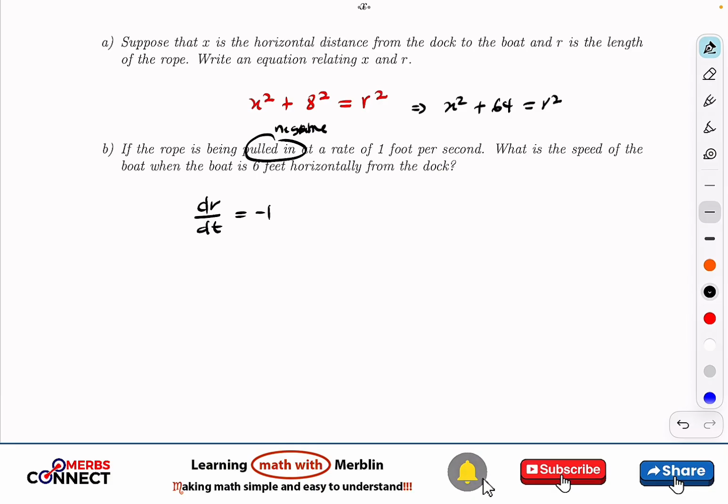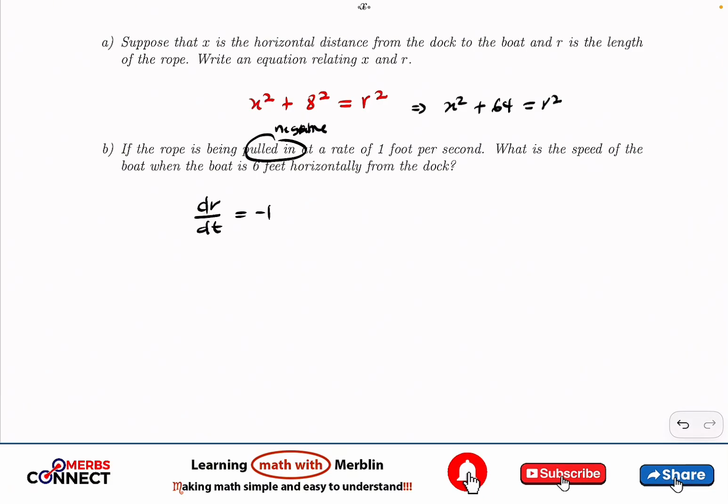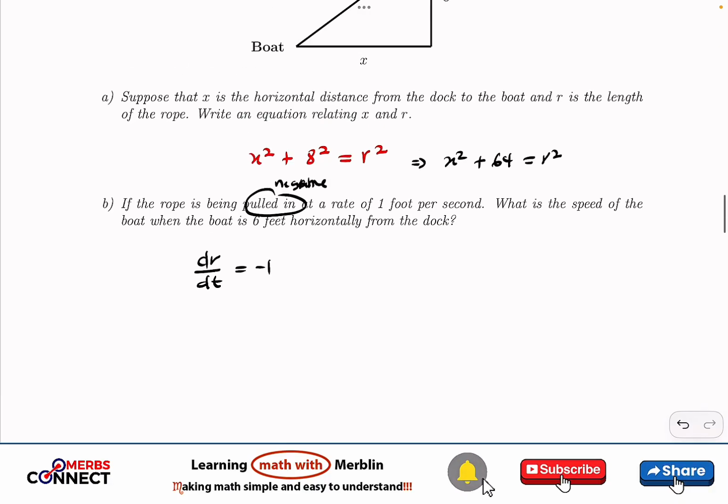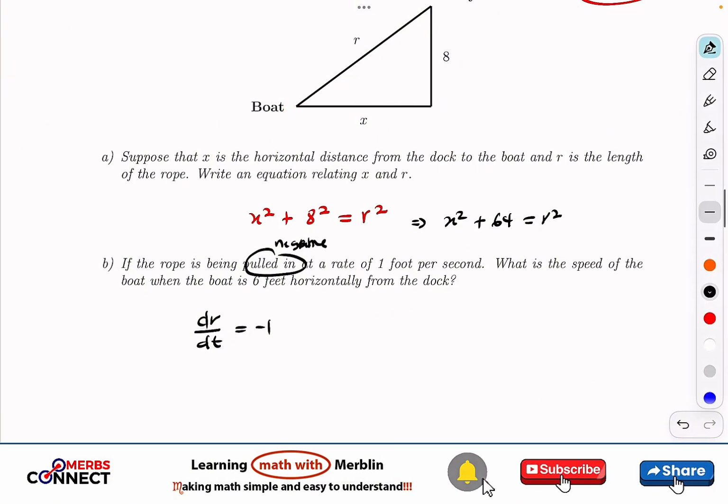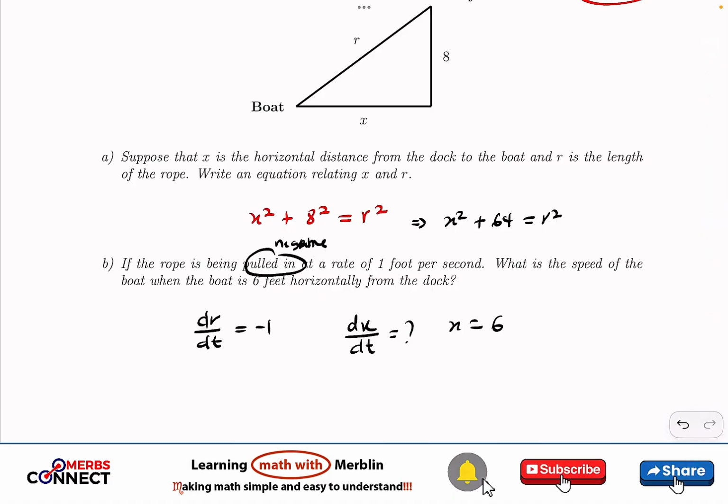And then the question is, what is the speed of the boat when the boat is 6 feet horizontally from the dock? So that's what we are looking for. We are looking for dx over dt, which we don't know. They've given us that x is equal to 6 when we are 6 feet from the dock.